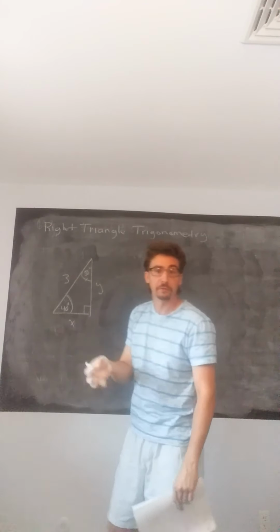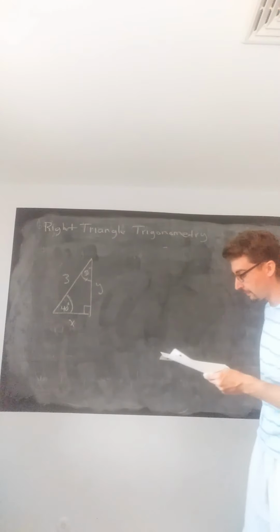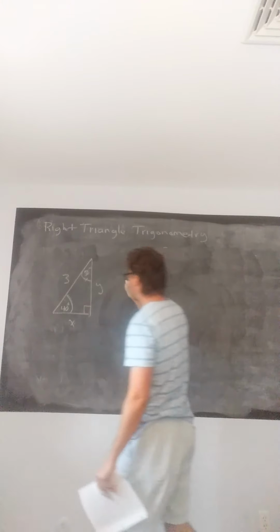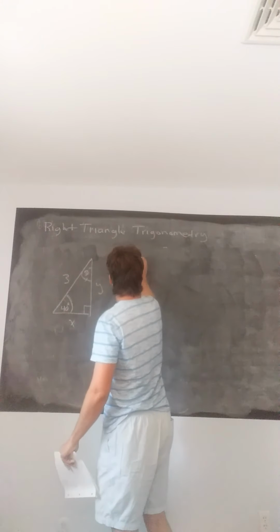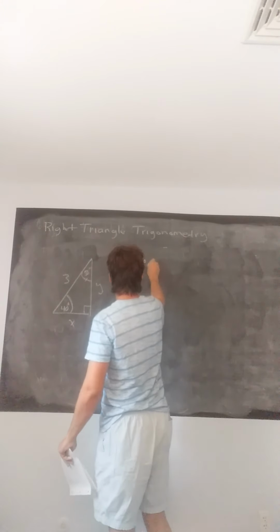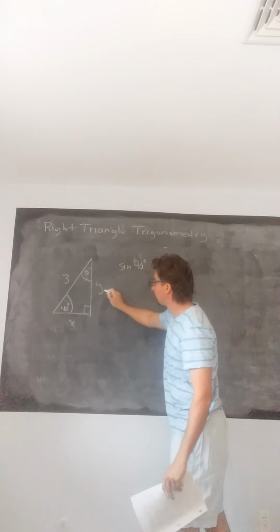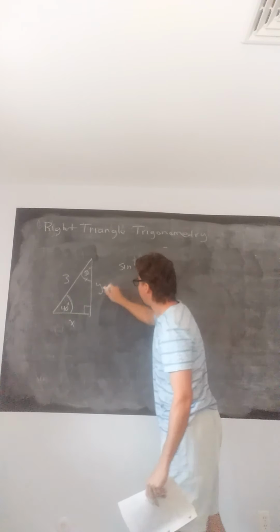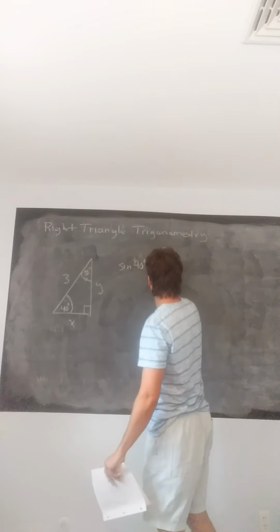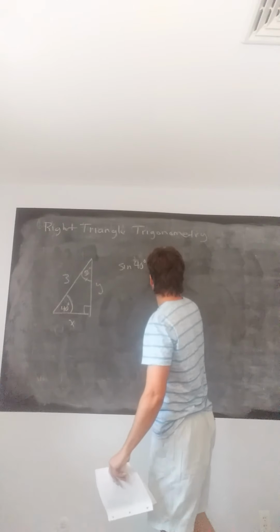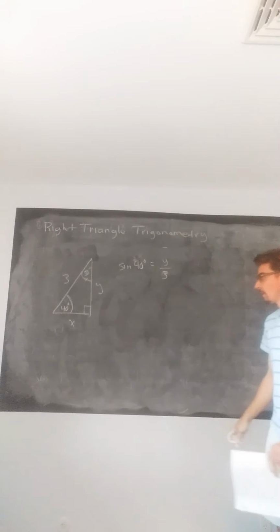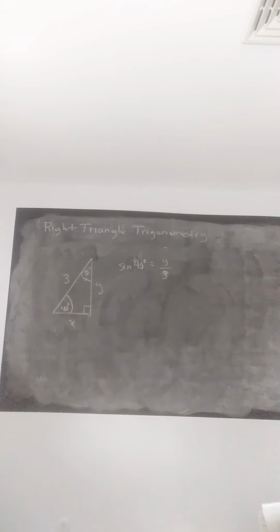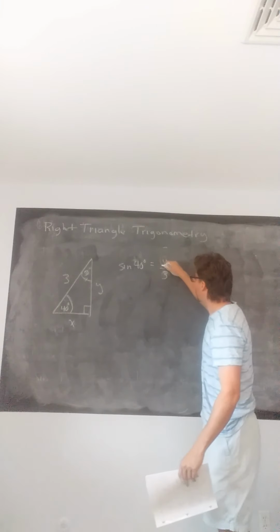So one of those will be good enough to get us started. The one I did here was sine. So if we look at sine of 40 degrees, based on the schematic of this triangle, sine of 40 equals y over 3. You see that? Opposite over hypotenuse. We have to solve this thing for y.